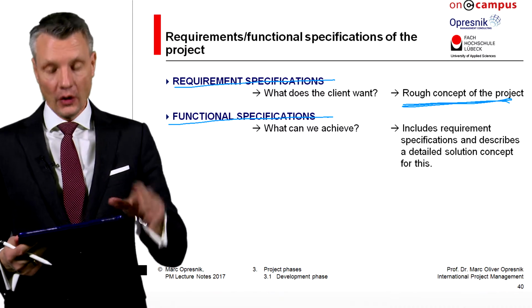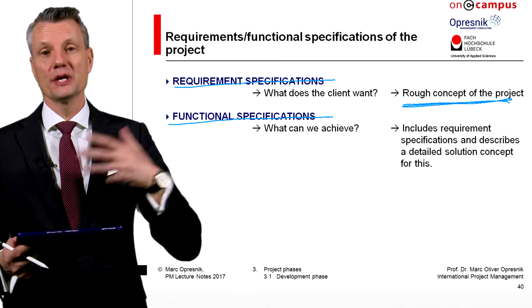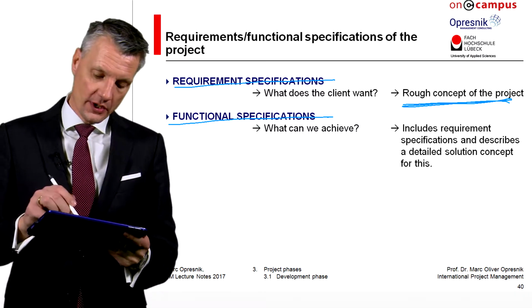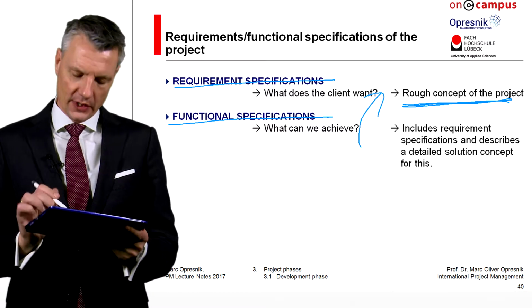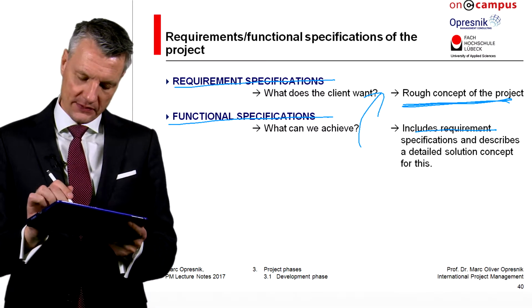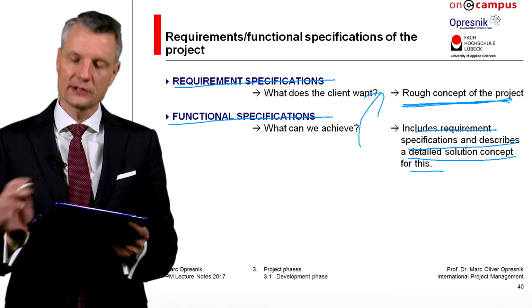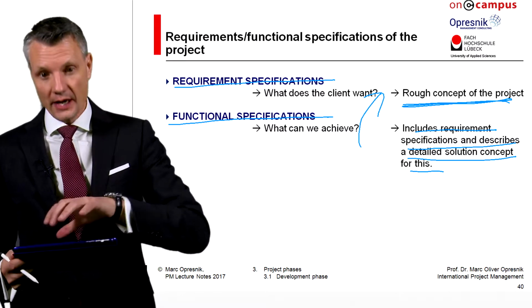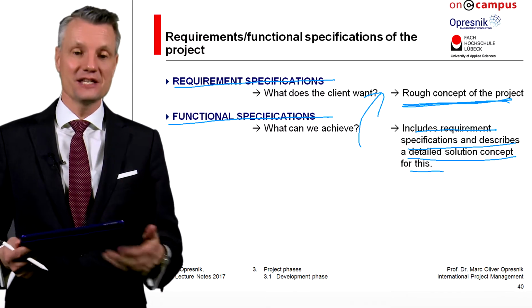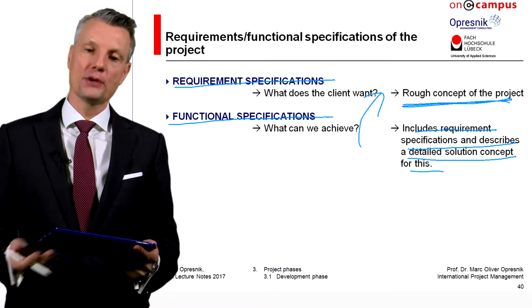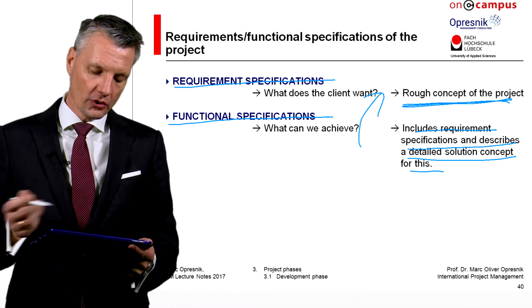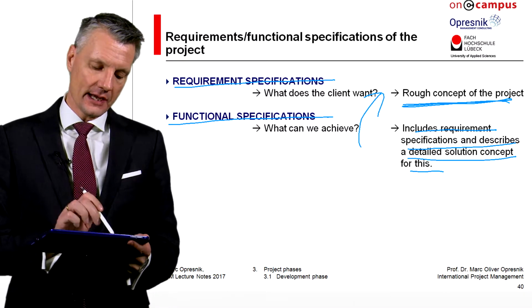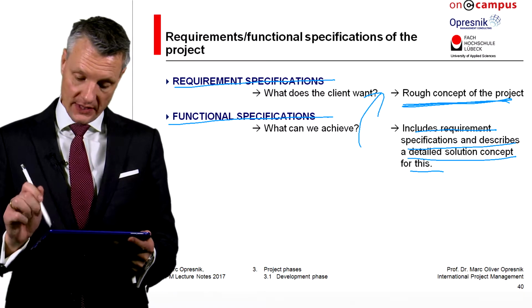So how can we achieve that goal? What needs to be done in order to arrive at that? This includes the requirement specifications and describes detailed solution concepts to achieve that. So what are the tasks that need to be done in detail in order to accomplish the overall objective which have been laid down and stated in the requirement specifications section?